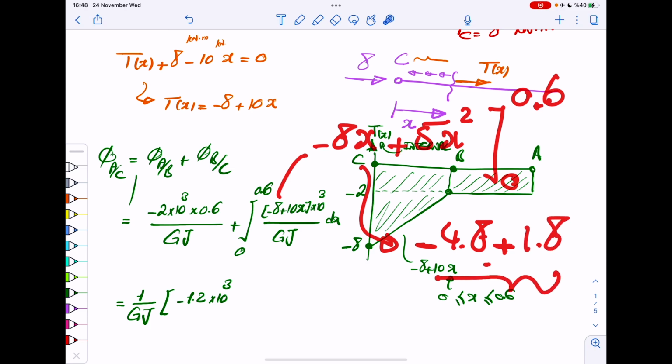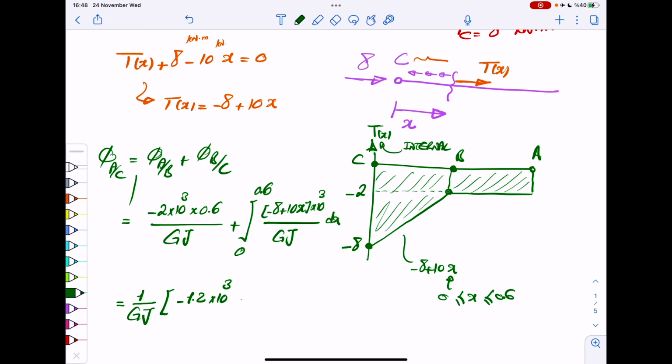So altogether, this gives you minus 3, and again it's kilonewton, so minus 3 times 10 to the power 3. Does that make sense? So this would be nothing but minus 4.2 times 10 to the power 3 divided by GJ, which again you can calculate.